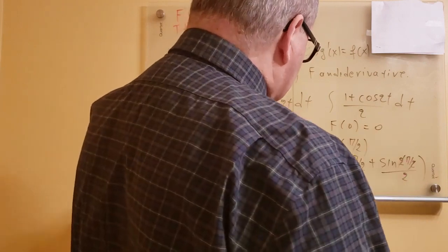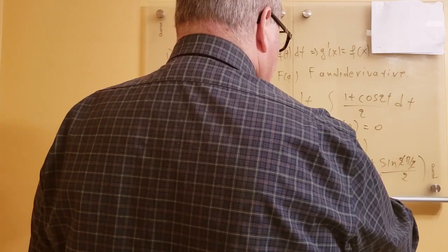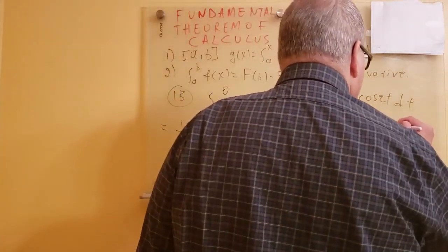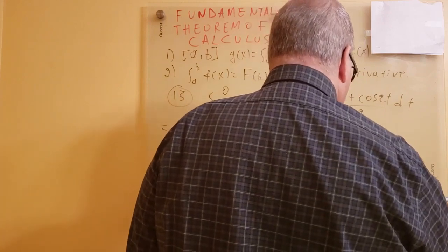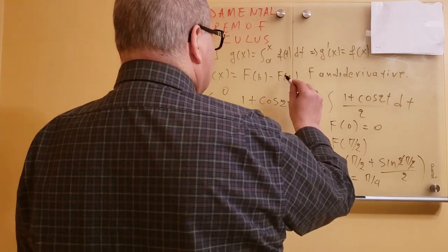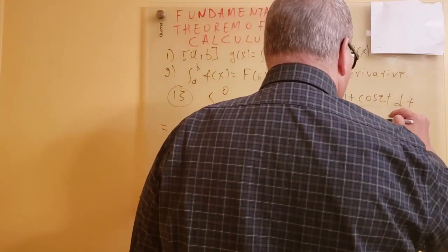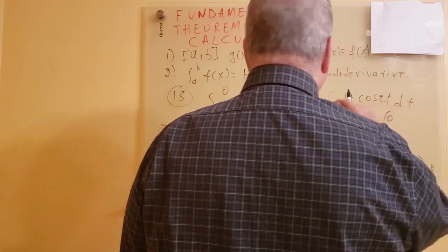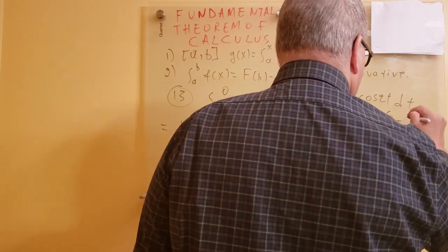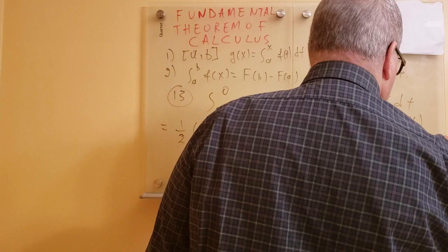So the sine of pi, it's again 0, so all this becomes 0. So the only thing left is the 1/2 times pi over 2, which is pi over 4. So if you substitute it here, the final answer will be 0, which is this here, minus pi over 4. So that's of course minus pi over 4.